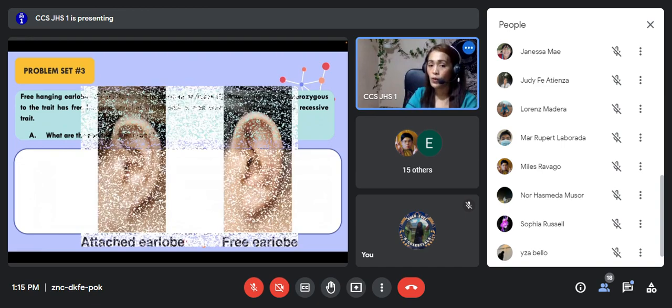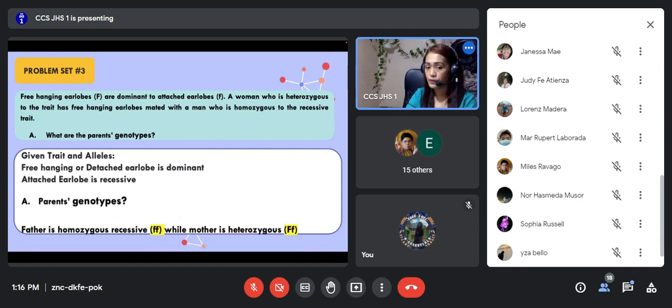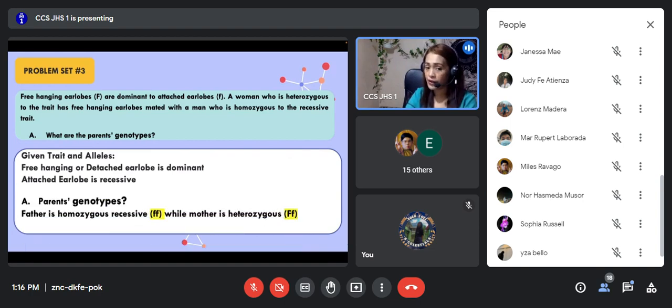Okay. So the woman, or the mother here, is heterozygous, while the father is homozygous recessive. Okay? So mother is heterozygous, father is homozygous.